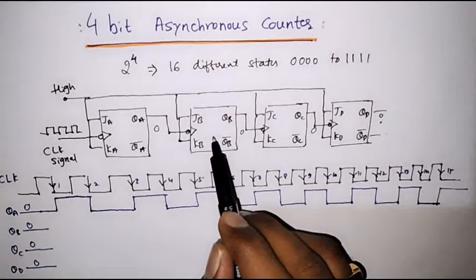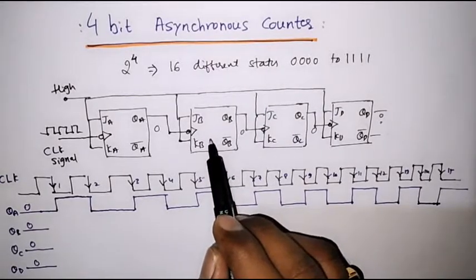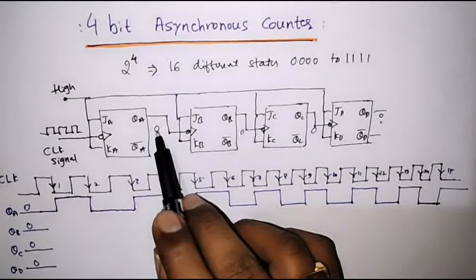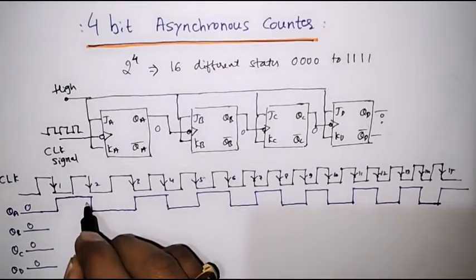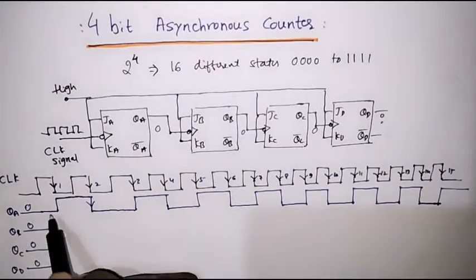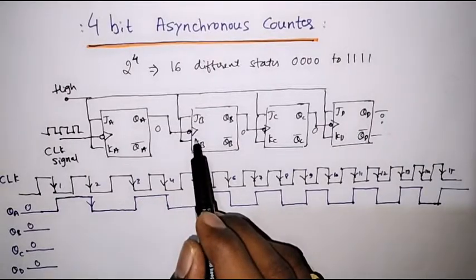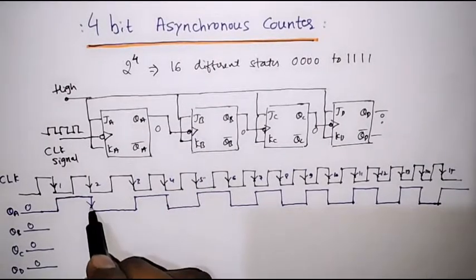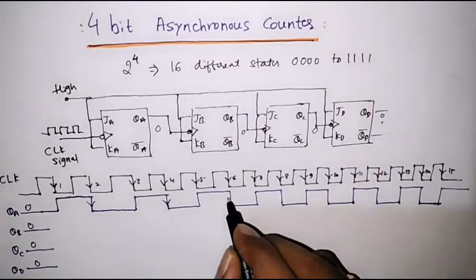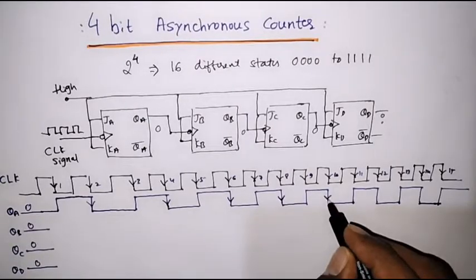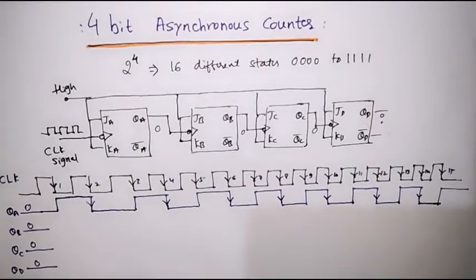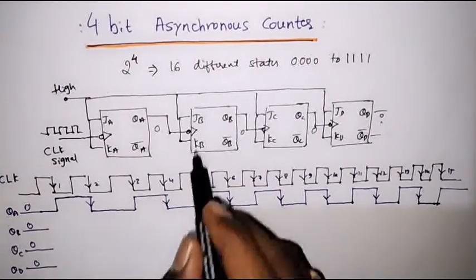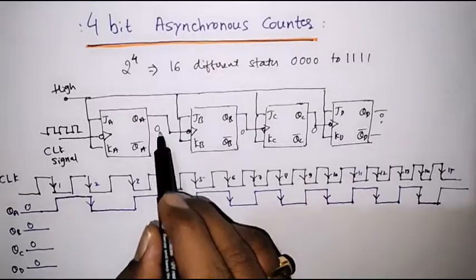Similarly, we know that the second flip-flop is dependent on the output of the first flip-flop, and we are considering negative edge triggering. So at each falling edge of the output of the first flip-flop, the second flip-flop will be active. That is, this is the falling edge, this is a falling edge, this one. So this flip-flop is initially 0.